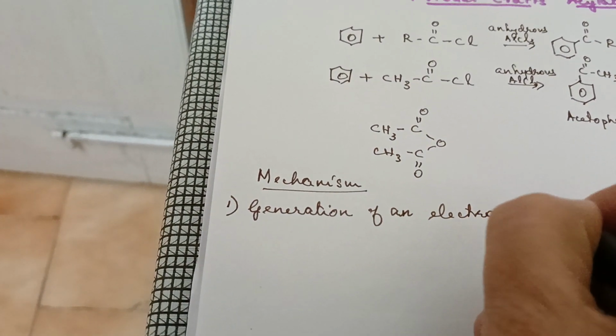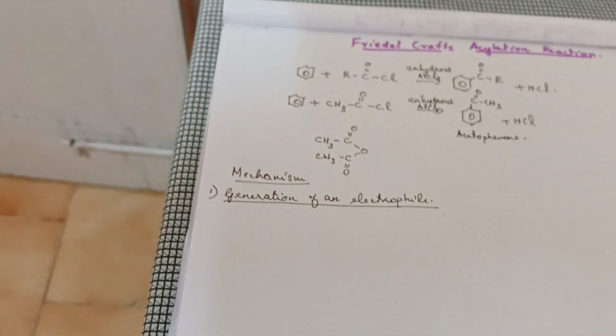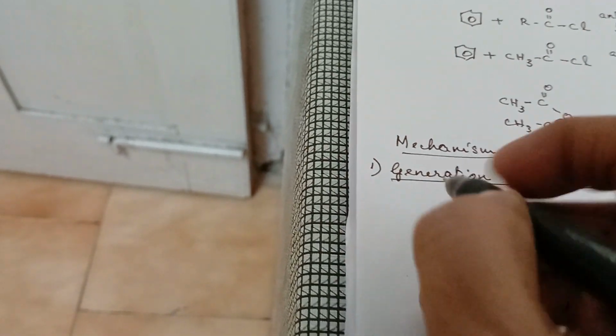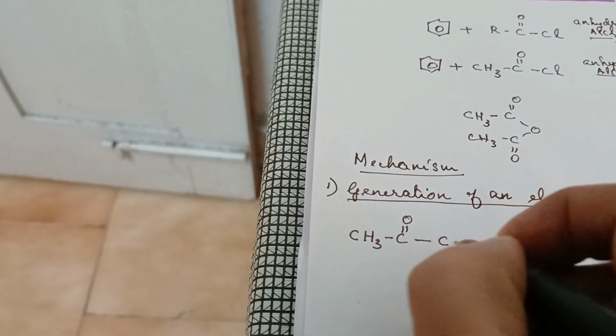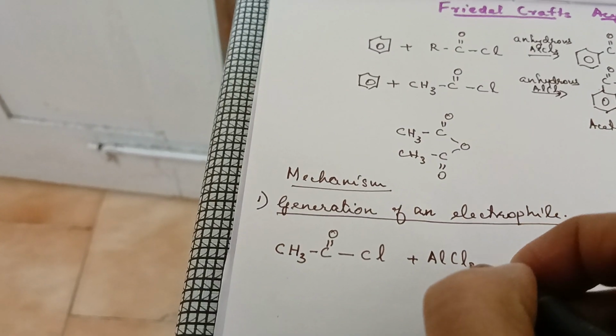An electrophile, as you know, is an electron deficient species. It is coming in search of electrons. So how are we getting this electrophile? We have the reagent CH3 C double bond O Cl here, plus AlCl3, our catalyst.